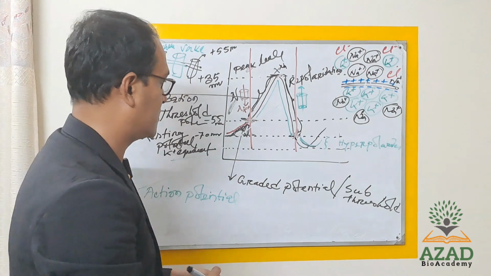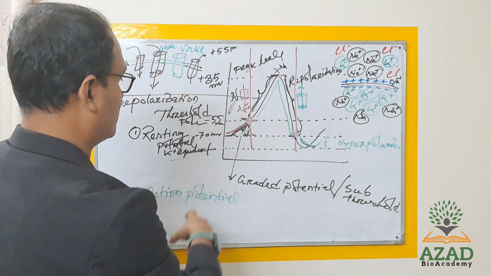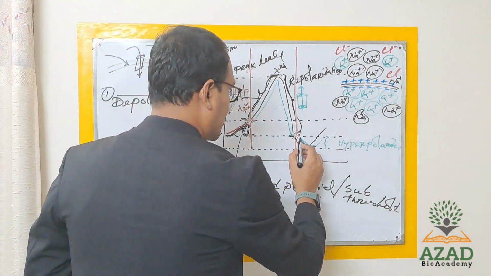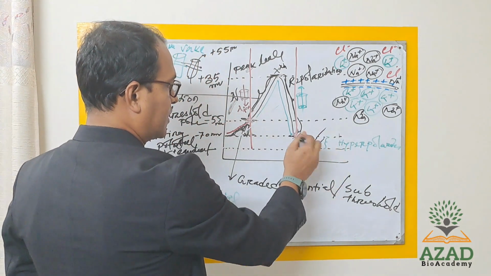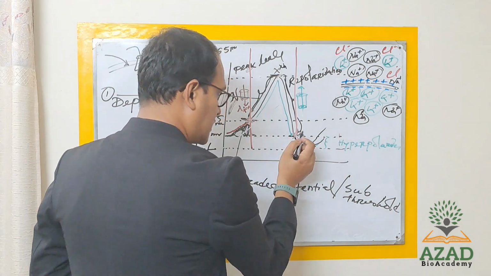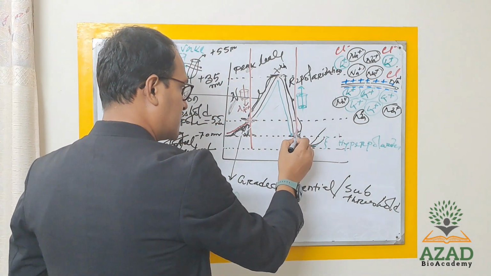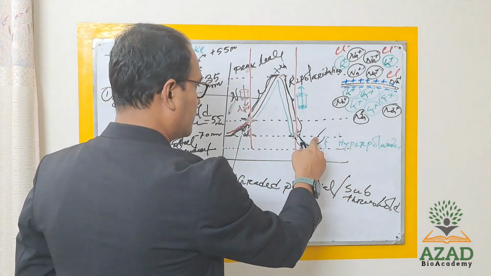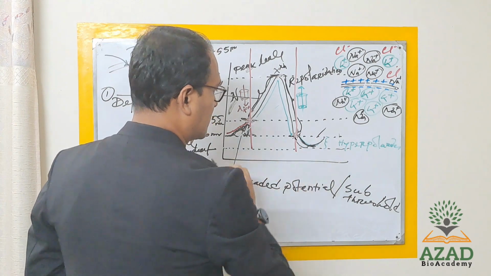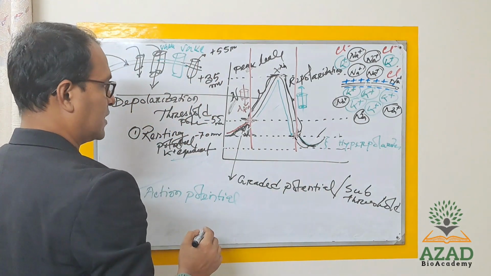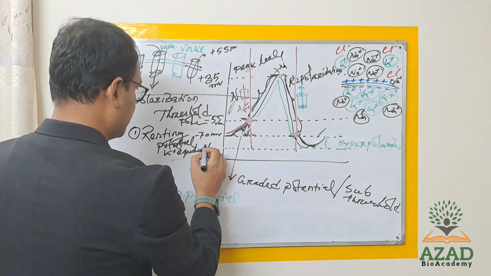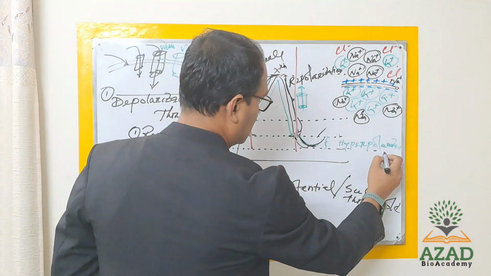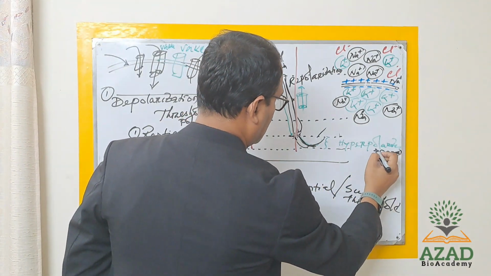I will talk about that just after this action potential. So here is the hyperpolarization, which will just go below the resting membrane potential. That is hyperpolarization, and that potential is minus 90 millivolt. Okay.